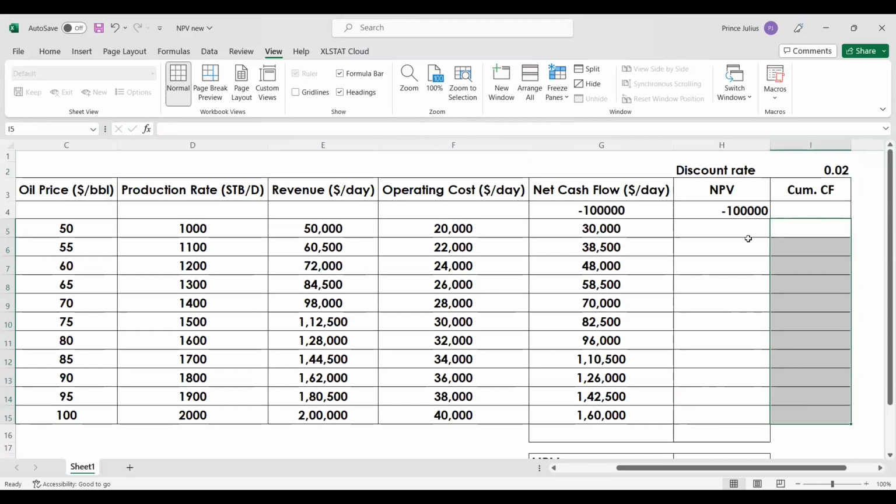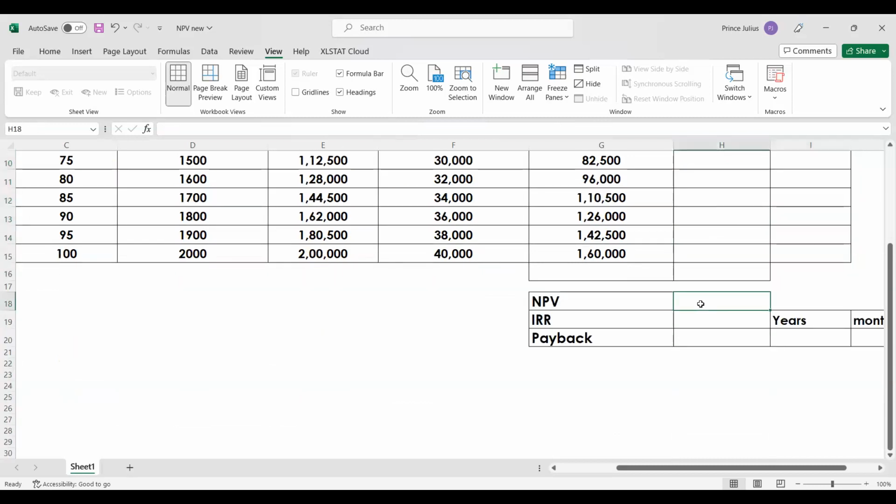This is the cumulative cash flow, which I will explain. Next to that is NPV, which I'm going to compute with a short technique. And I'm going to estimate IRR. As I said, IRR is the percentage discount value that helps you understand at what discount percentage your investment is equivalent to your cumulative outcomes.